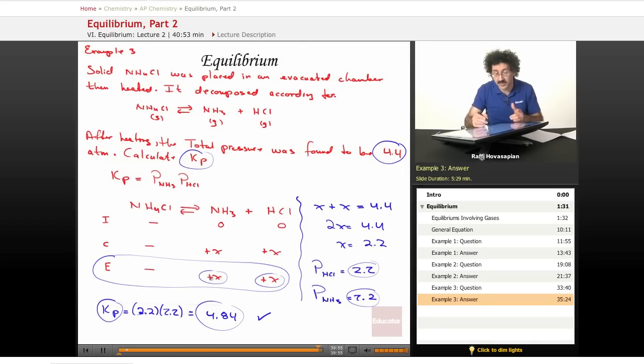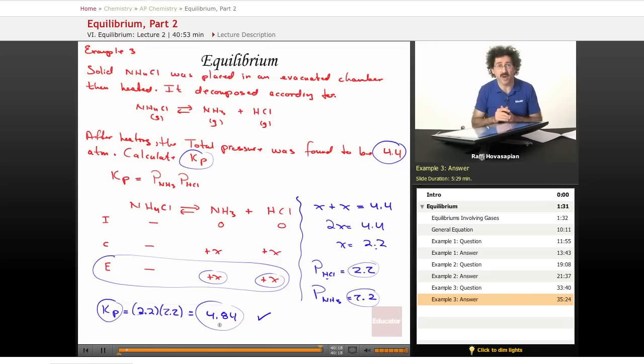Well, the total pressure is the sum of the individual pressures. There's only two gases in here, the NH3 and the HCl. Each one is X. 2X equals 4.4. X equals 2.2. At equilibrium, 2.2 atmospheres is hydrogen chloride gas. 2.2 atmospheres is ammonia gas. We plug that into the equilibrium expression. We multiply, and we get 4.84.